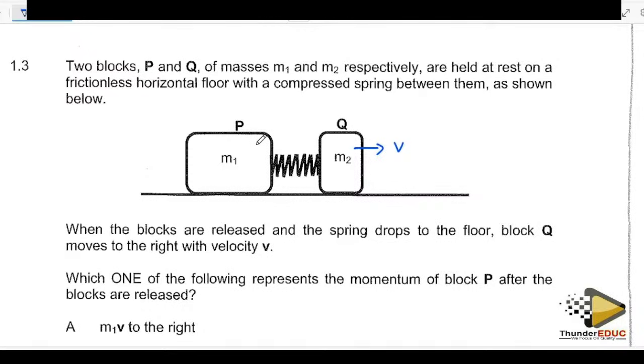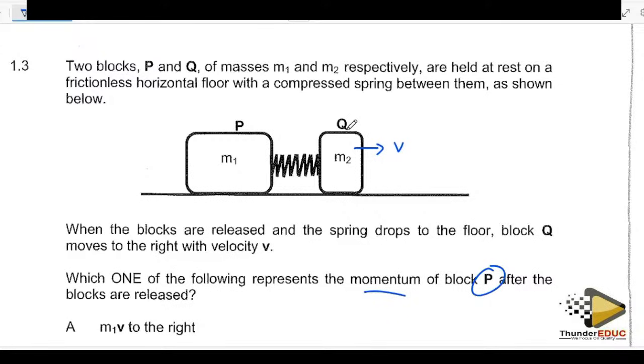So in this case, they're asking us to determine the momentum of P. Since they were held together with a spring, and then the spring was removed, we expect the reaction to be the same, but in the opposite direction.